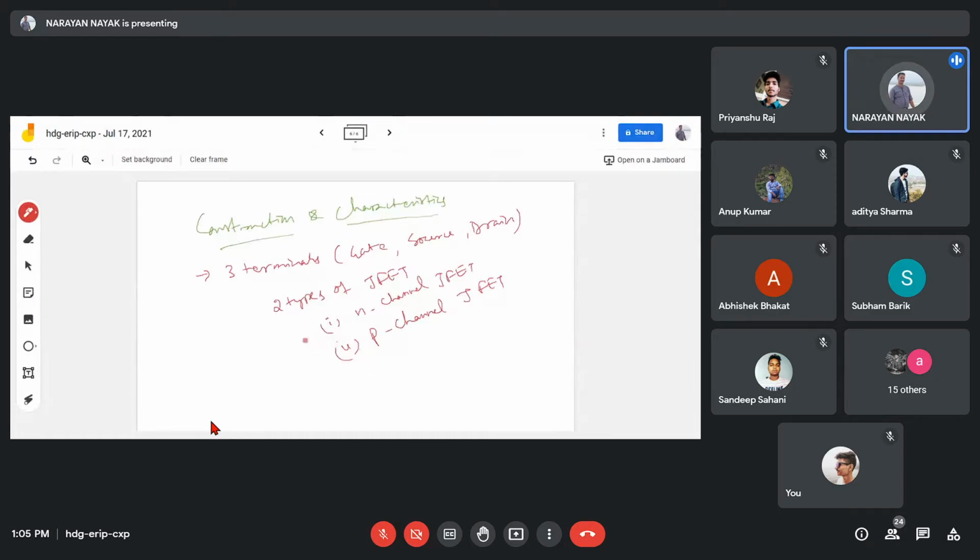What is the meaning of N channel JFET? In the N channel JFET, the area covered by the N-type material is very large.